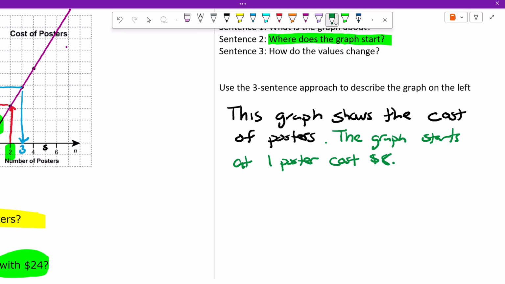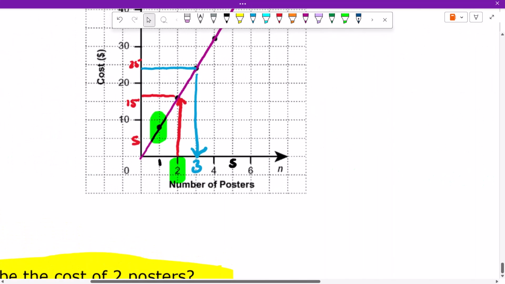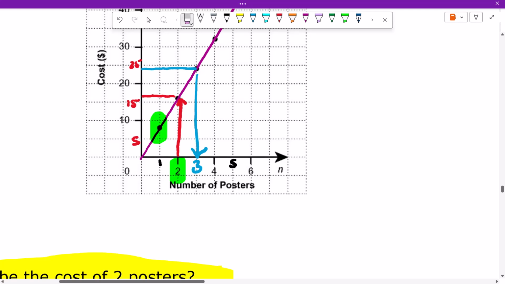Okay, so you told the people the two things you're talking about in this graph. You've told people where the graph starts. The next part is you have to describe the steepness of that graph. That is, how do the values change. So what you're going to do here is pick 2 points on the graph and draw yourself a little triangle, right?